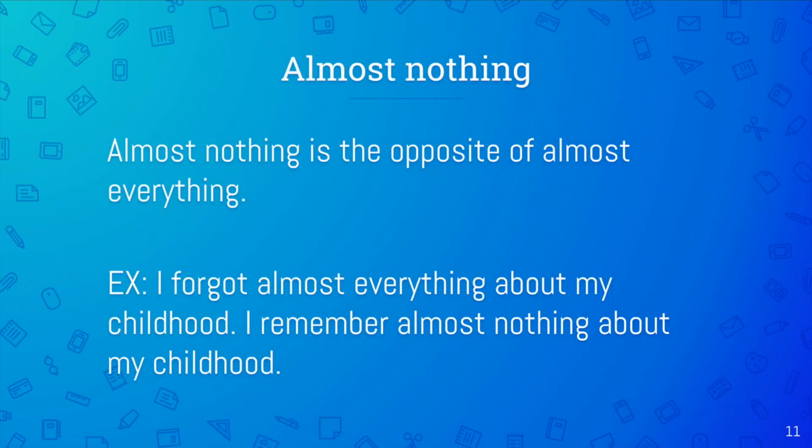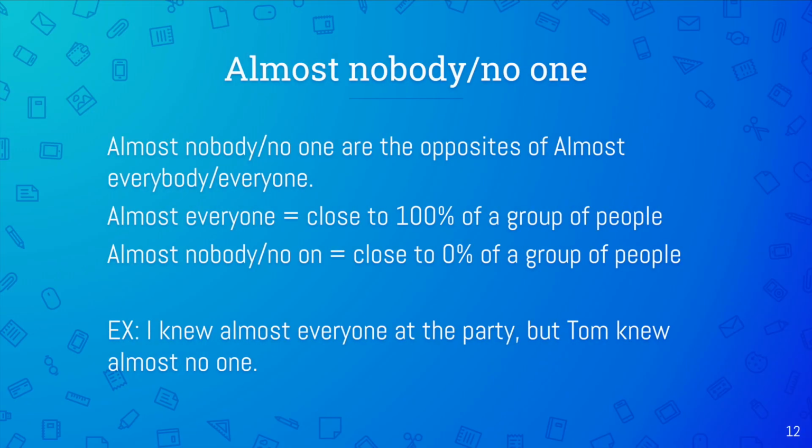Almost nothing, this is the opposite of almost everything. Almost nobody or almost no one, these are the opposites of almost everybody or everyone. So they mean close to 0% of a group of people. I knew almost everyone at the party, but Tom knew almost no one.